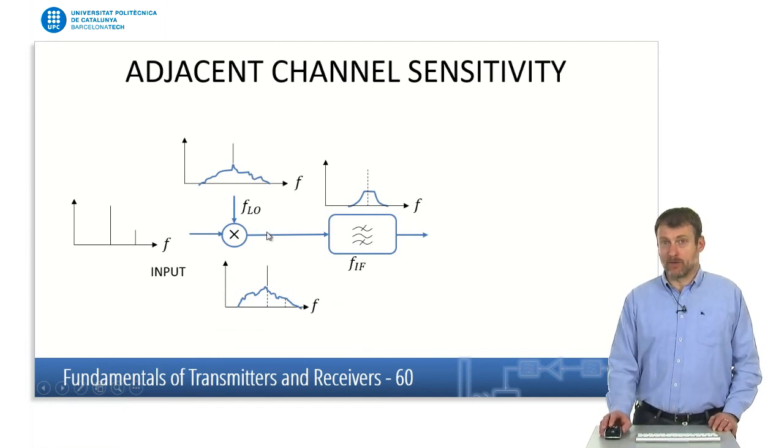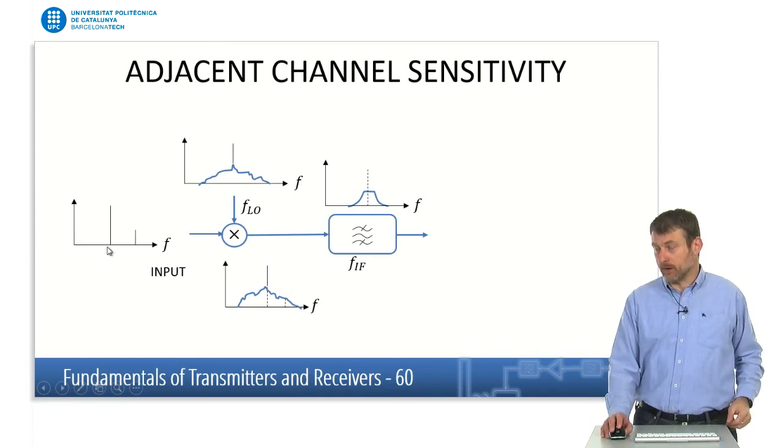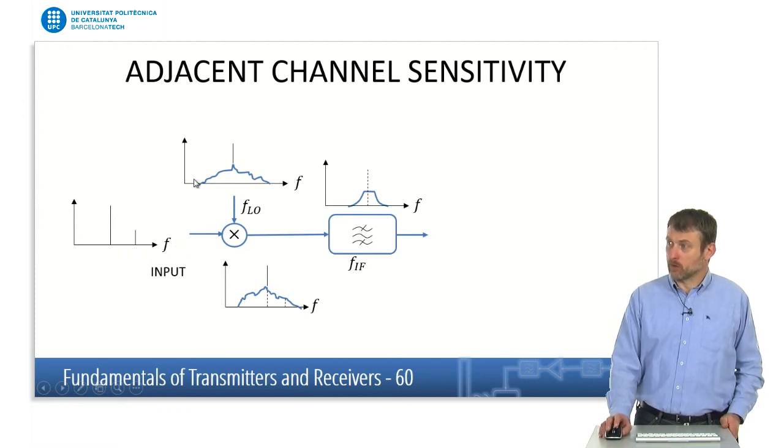Another aspect that can happen is shown here: we have our desired signal compared with a very strong interference, and those two signals do not overlap in spectrum, but when we pass this signal through a local oscillator, the local oscillator has some spectral impurities.